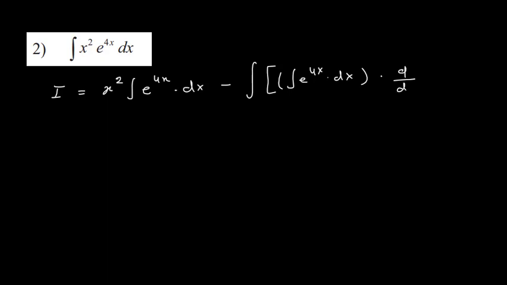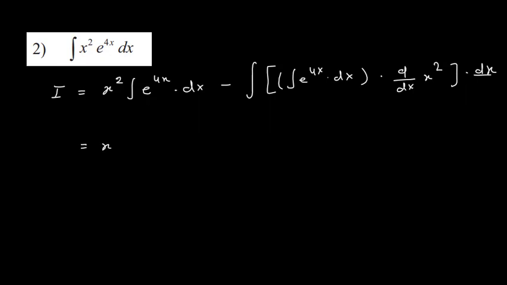Now I will use the formula I is equal to u, that is x square, into integration of e power 4x dx minus integration of, this is integration of e power 4x dx into derivative of x square into dx. This dx is for this integration.